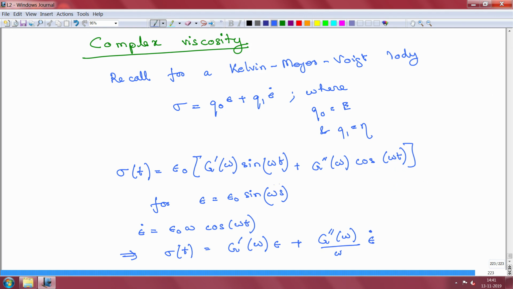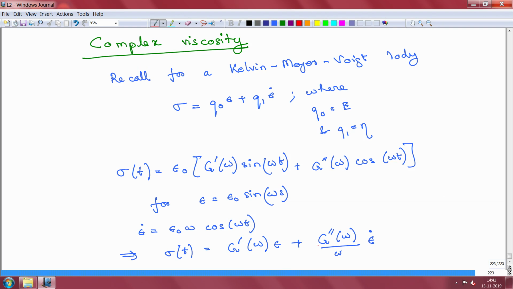This is the generic response, right, and I have recast this for the case of the Kelvin-Voigt body equation. Okay. So, this is the governing equation for this, and using the general response, I have been able to rewrite it in this particular form, because epsilon naught sin omega t is epsilon(t), and this other one is related to epsilon dot.